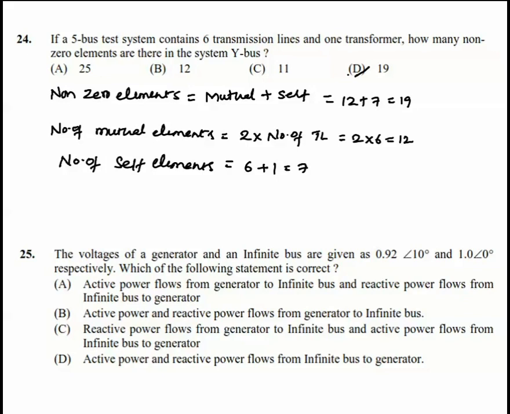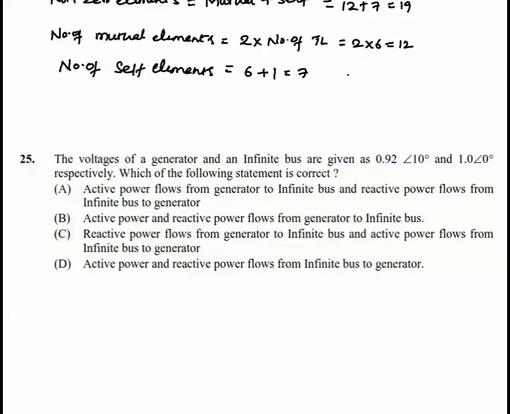Option is D here. And the next question, the 25th one. Here the voltage of a generator and the infinite bus are given. E is 0.92 at an angle of 10 degrees, and V is 1.0, the infinite bus bar voltage.